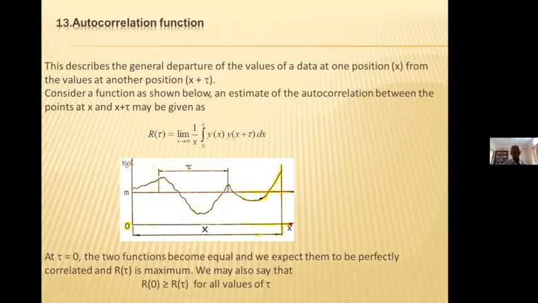If tau is not 0, then it will be less than R0. Okay, so this is one thing to remember, that if tau is 0, the autocorrelation function is maximum.